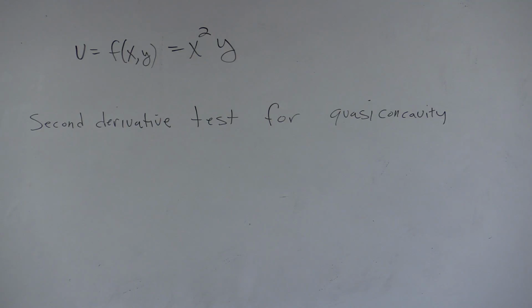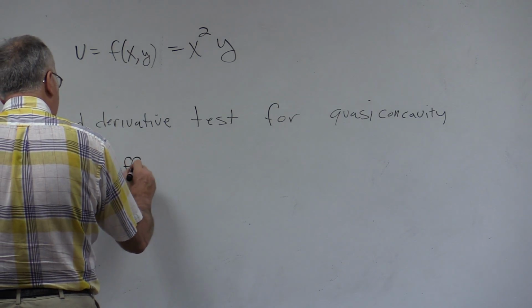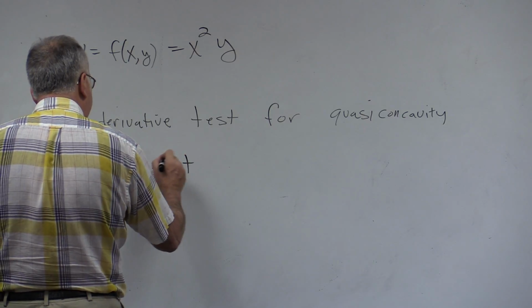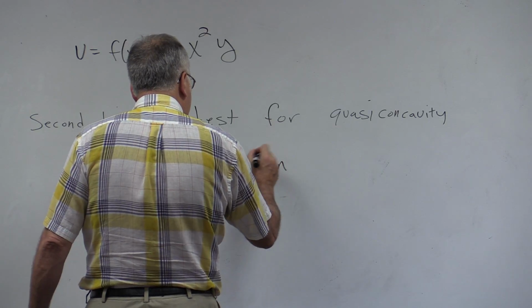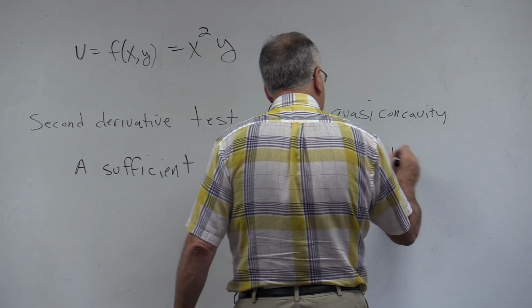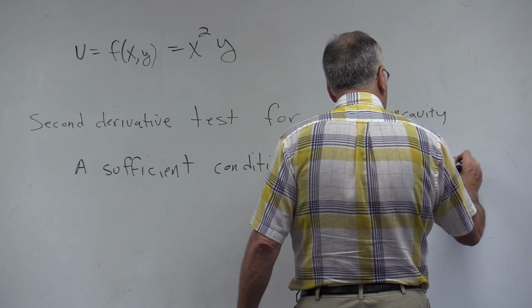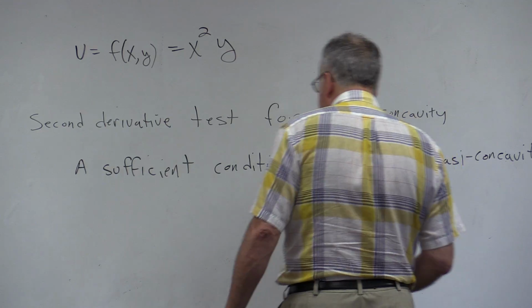And you need to reread this section in Chang where he talks about quasi-concavity. A sufficient condition for quasi-concavity is this. In fact, a sufficient condition. This is the easiest test, perhaps. For strict quasi-concavity, is this.